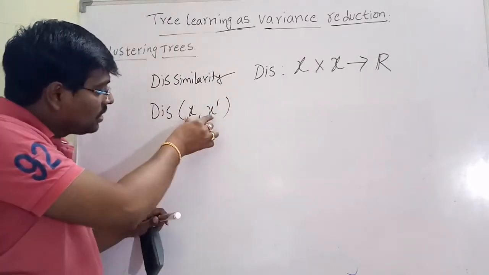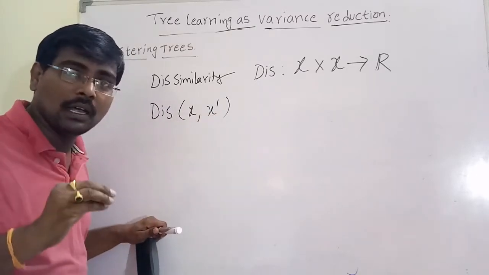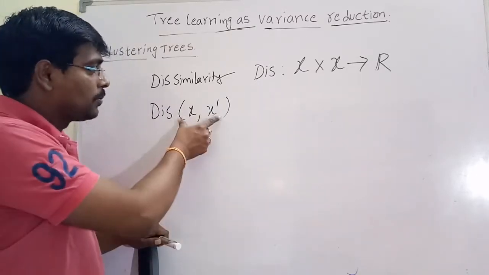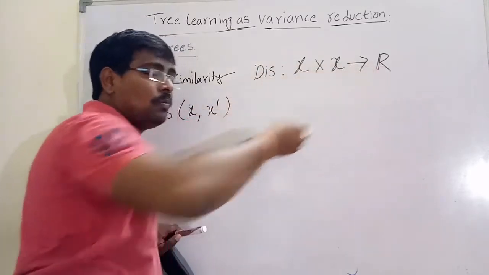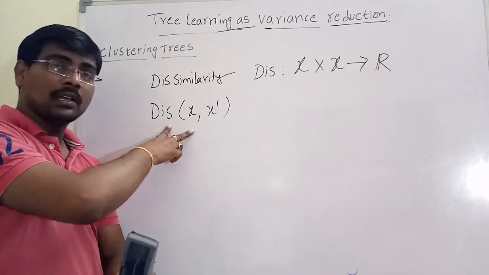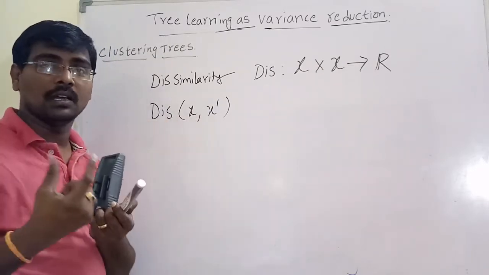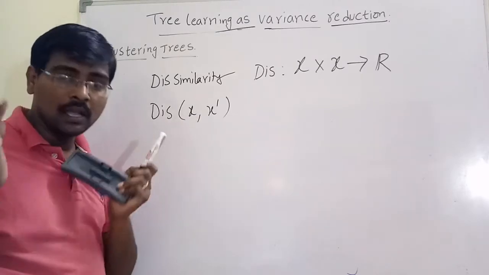It checks whether these two samples are similar or not. It produces some real value. If the value is low, they are more similar. If the value is high, they are more dissimilar.